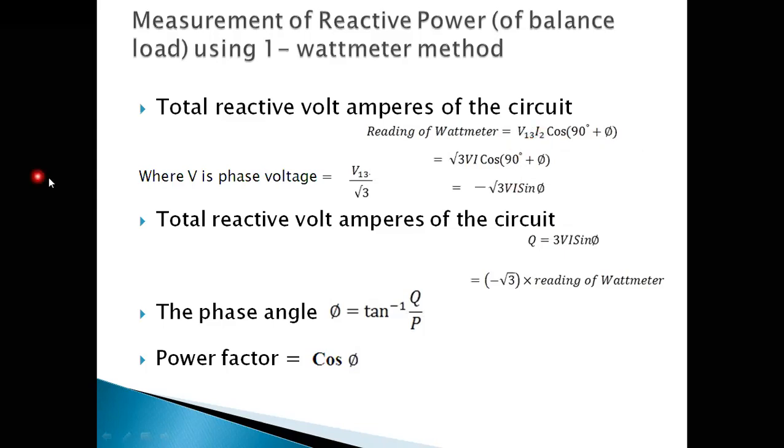Suppose V is the phase voltage, because it's a balanced load. So all phase voltages and all line currents are equal. I mean to say all phase voltages V1 equals V2 equals V3, and line voltages V12 equals V23 equals V31. Similarly, line currents I1 equals I2 equals I3. This is the condition for a balanced load.